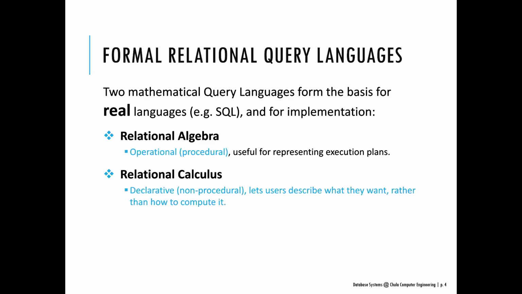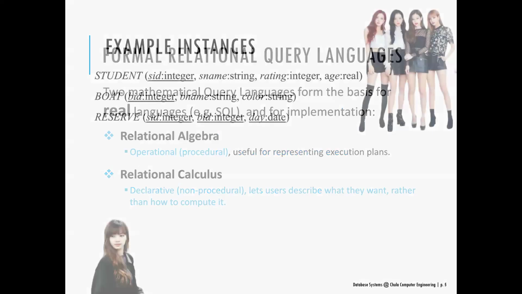However, if you choose to write relational calculus instead, you will also retrieve the same result, but you write the command differently. Relational calculus is not procedural, not line by line, but non-procedural, or declarative. You describe the results that you want, and you don't have to write how to compute it line by line.